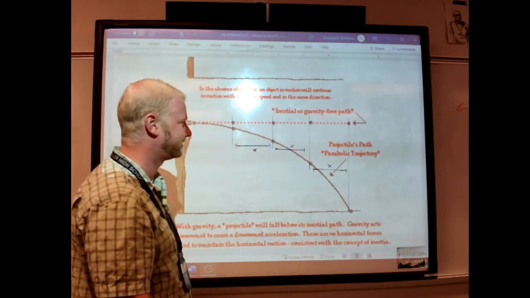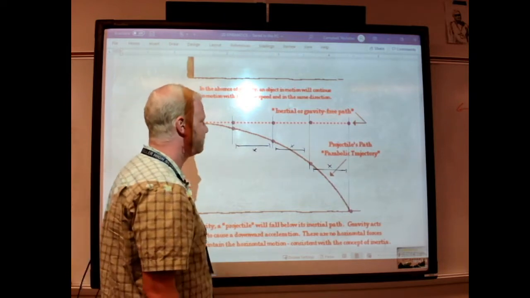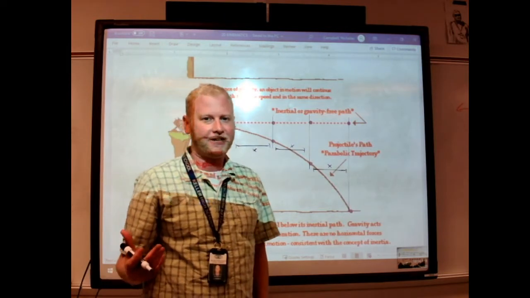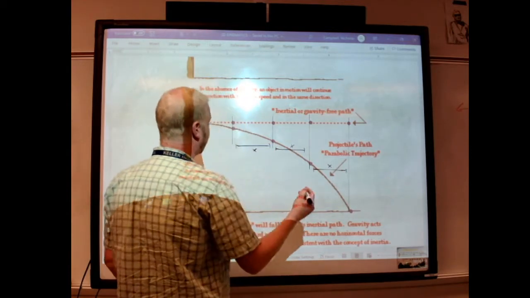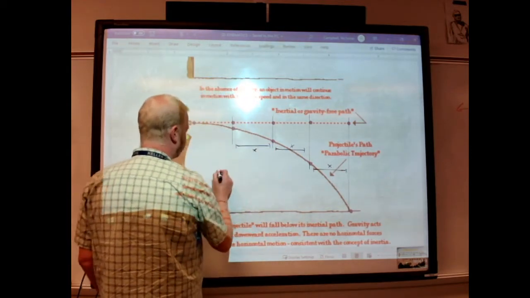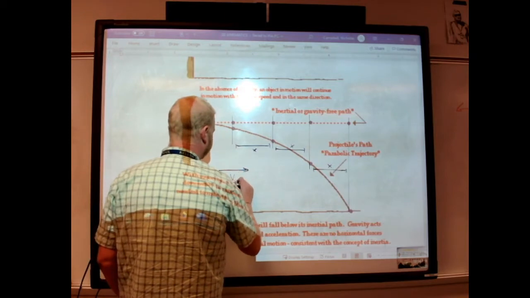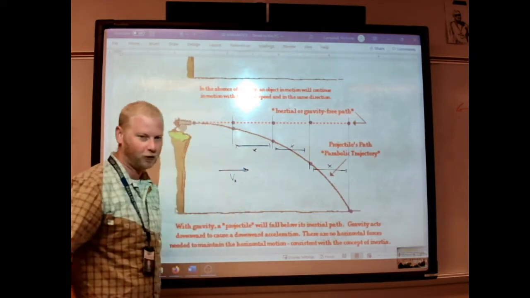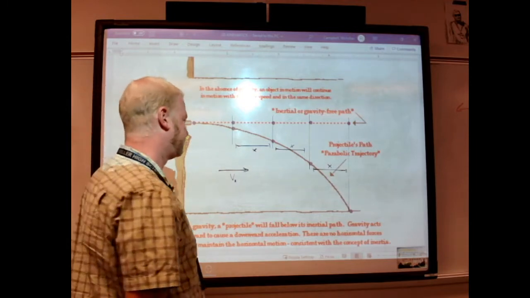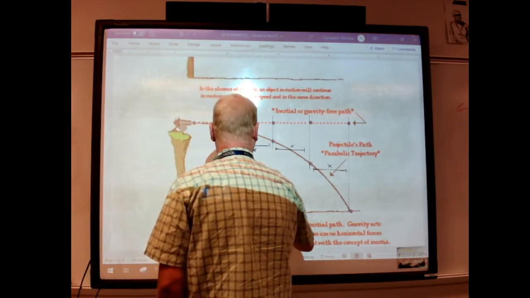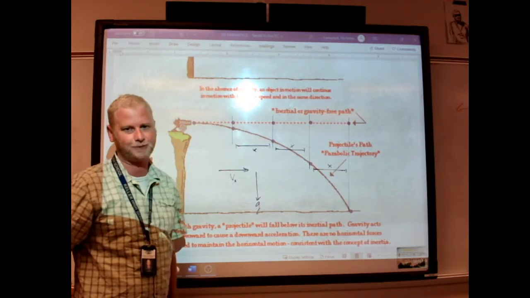Well, why is that? Think about your components. Having gravity on means that you have acceleration due to gravity on. Well, your horizontal component of velocity, we'll call it v sub x, is horizontal. And what dimension does your gravitational acceleration exist in? Well, the vertical dimension.